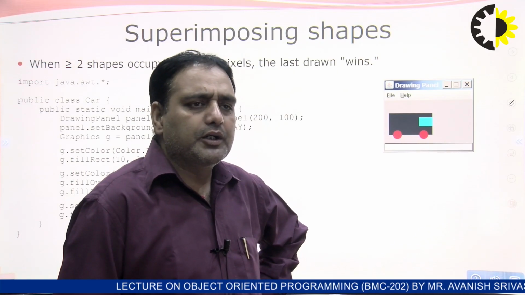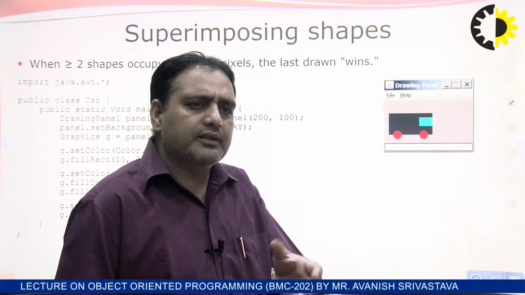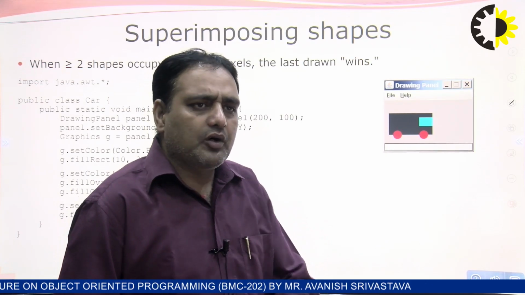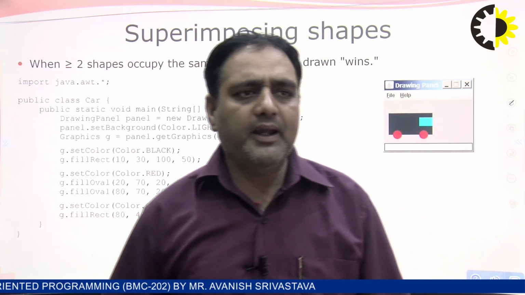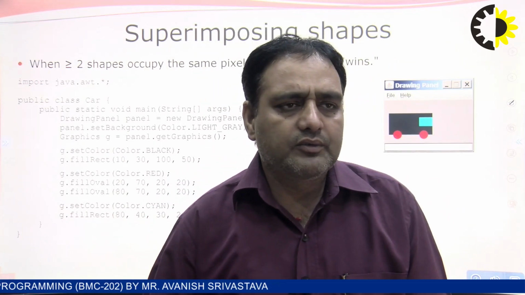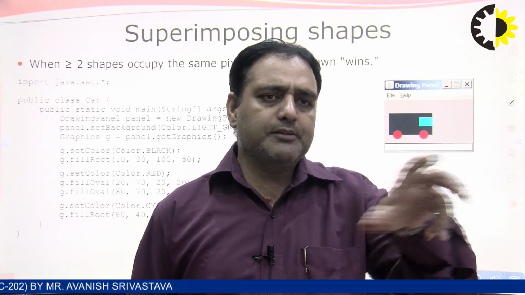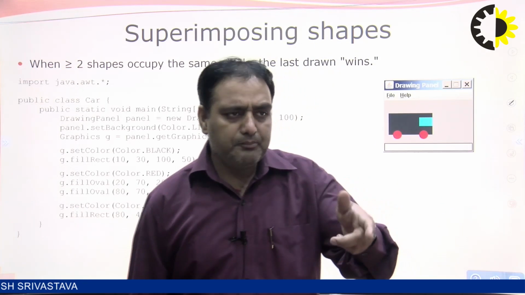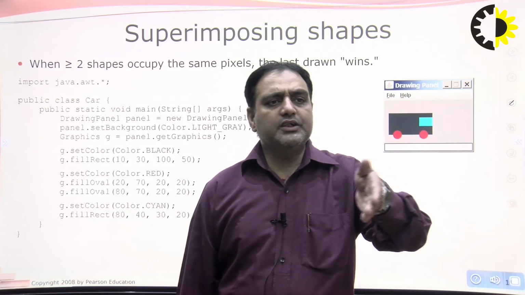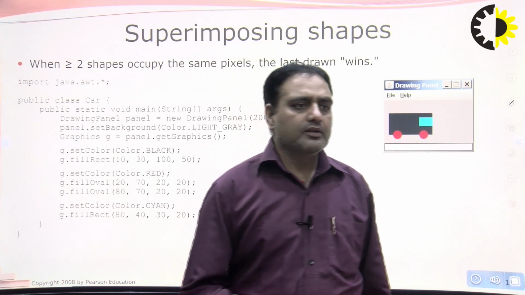Then you can create an image of a car or truck or a cycle or a man using different types of methods, and you can set the background.